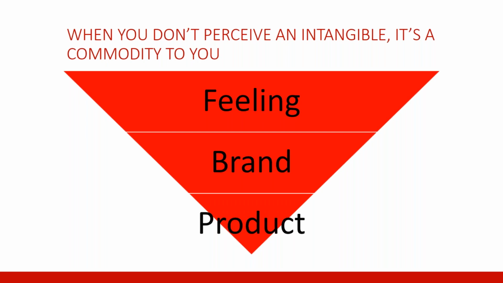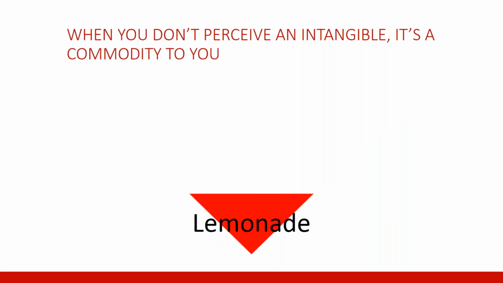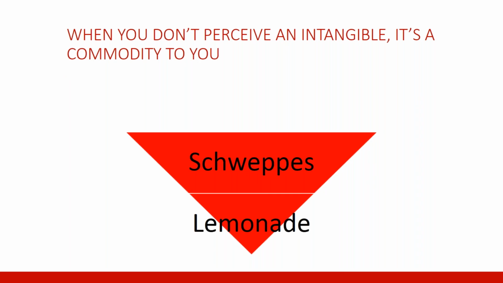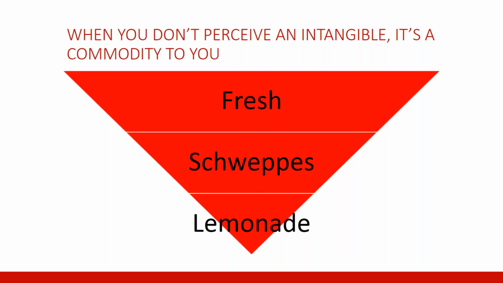So if we want to look at an actual example, if I said lemonade, you might say, what, Schweppes or Sprite? Let's go with Schweppes. So lemonade is the commodity, Schweppes is the brand, but the reason I choose Schweppes over something else is the feeling, and that feeling is because it's fresh.